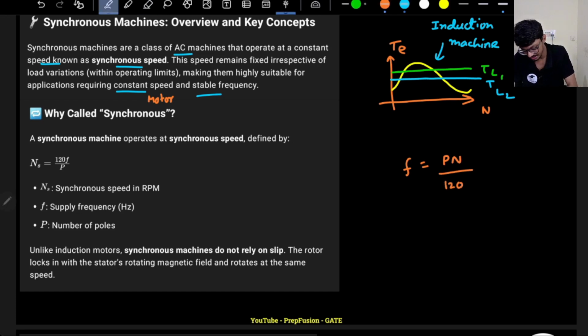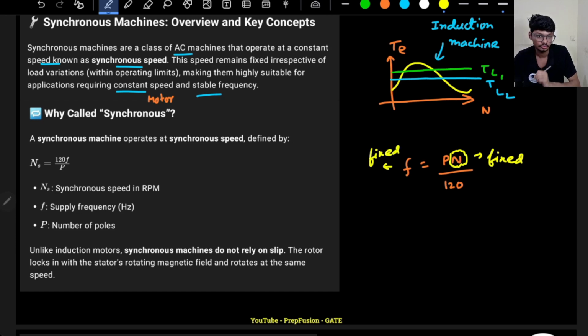Your speed is changing in an induction machine, it is not fixed, but in a synchronous machine your generator speed will be fixed. If your generator speed is fixed, then the frequency at which it generates the induced EMF also will be fixed. That is the advantage in synchronous machines.